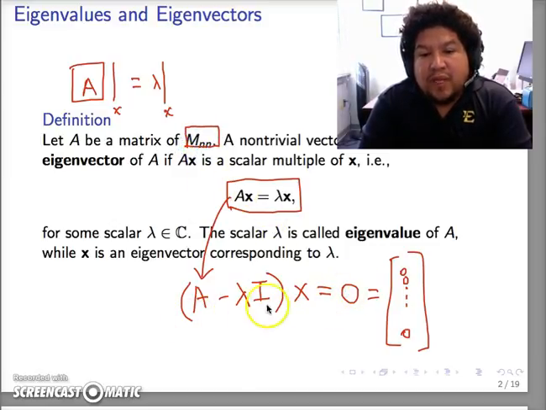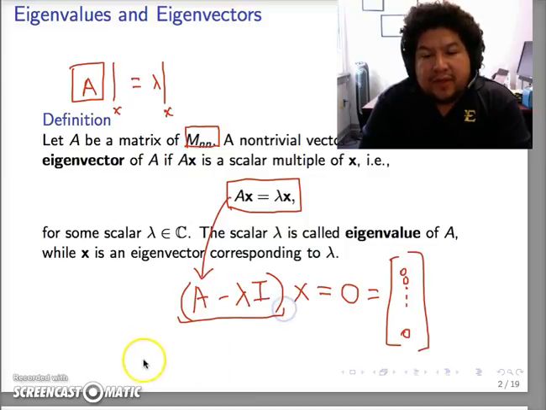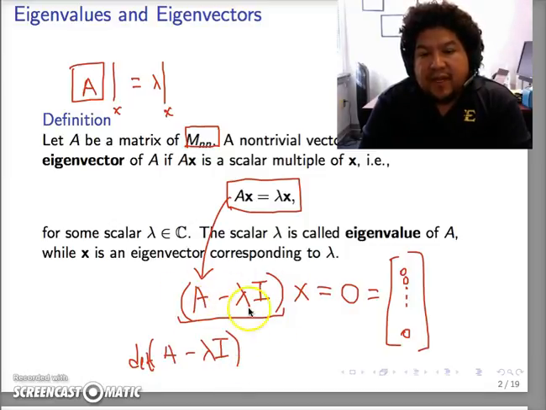So this problem leads to treatment of this as a determinant. We're going to consider the determinant of this matrix A minus lambda I, and we're going to think of this matrix in terms of its null space.